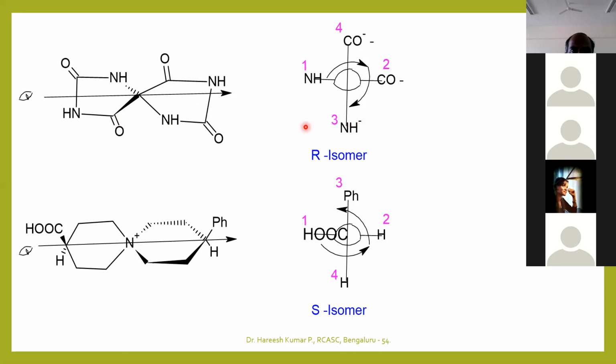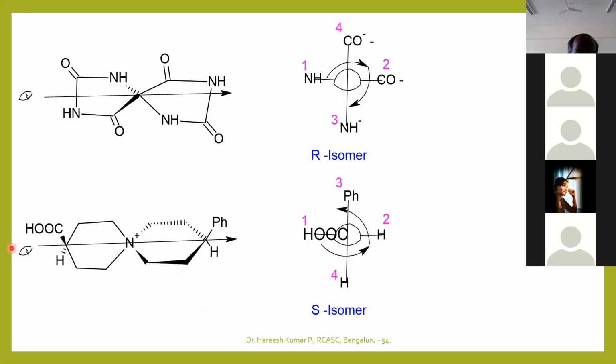So when you are assigning the priority, nearer groups take the priority, that means this is 1, this is 2. And vertical groups, CO and NH take the priority. This is 1, 2, 3. So when the movement is like this, that means it's an R configuration. So similarly, this moiety also exhibits optical activity.